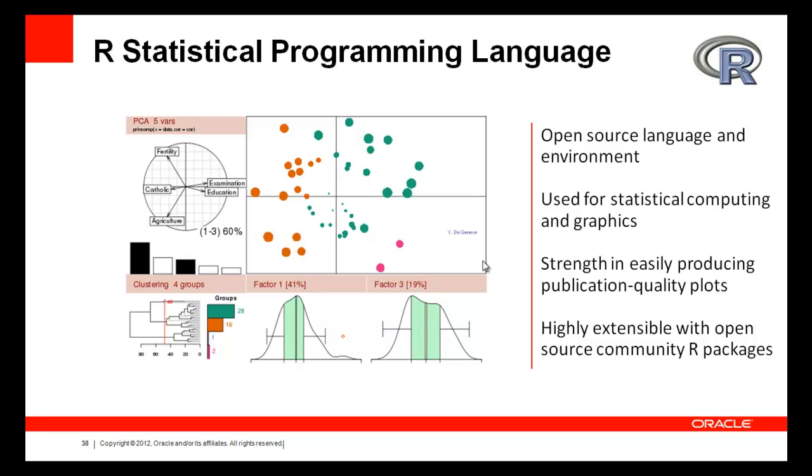R has taken the market by storm. It's a very, very popular, free, open source statistical programming language. So it's very much like any other very, very popular open source thing. Many students are using it. More and more companies and applications are using R because it's very powerful, very flexible, and its strength is that it's highly extensible.